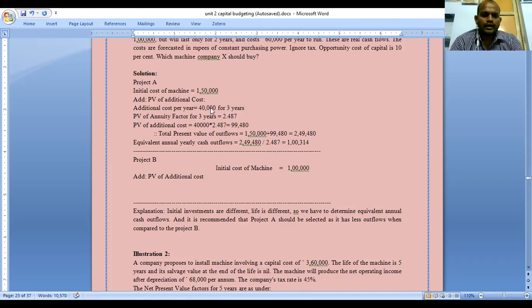So PV of annuity factor at the rate of 10% for 2 years is 1.736.